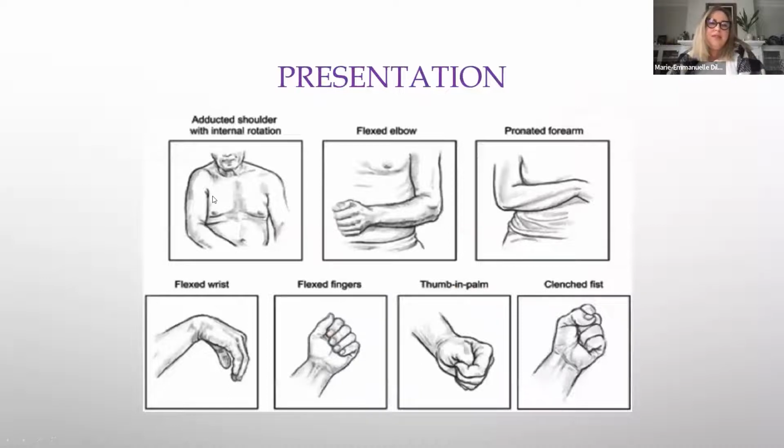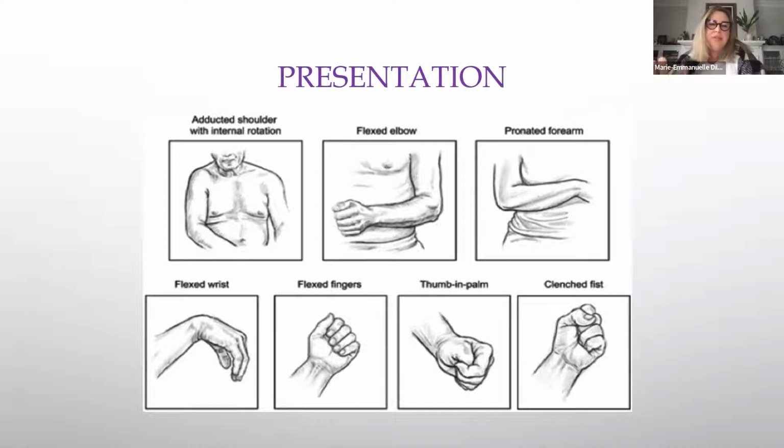Typically, when you're spastic, you tend to have a posture of a limb. So your arm is going to tend to be flexed like here. It's going to tend to be pronated, so rotated toward the inside. The wrist is going to be flexed. The fingers are going to be flexed. It's going to be hard to open your hand.